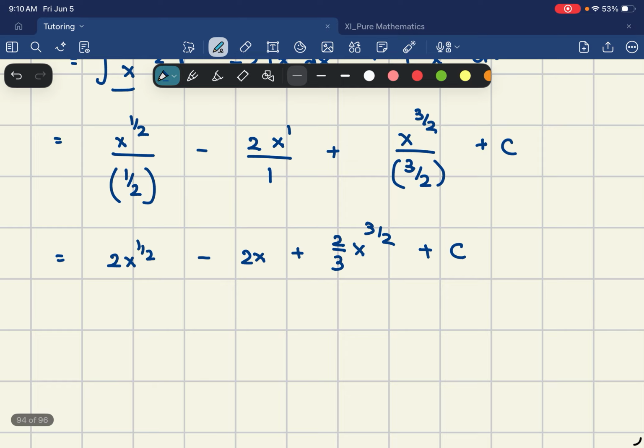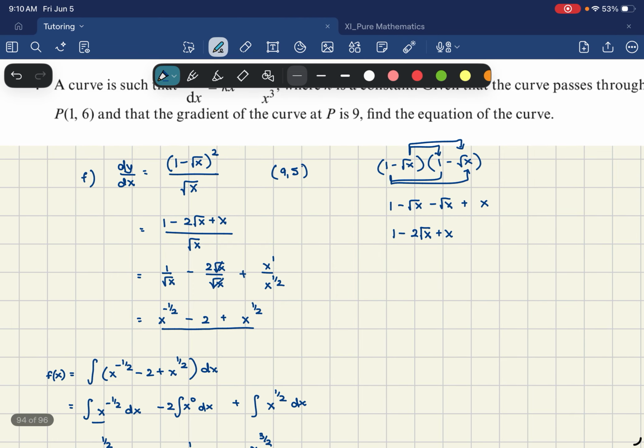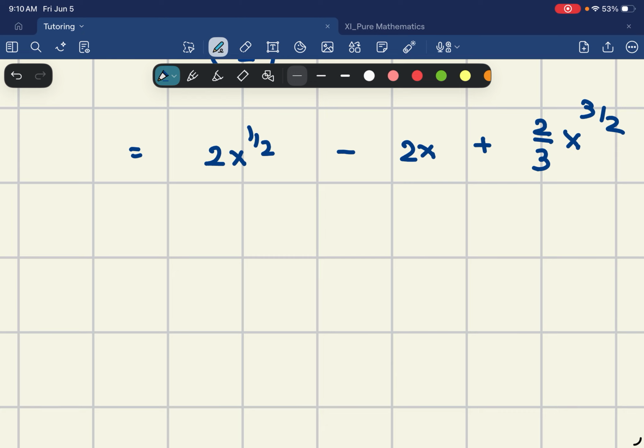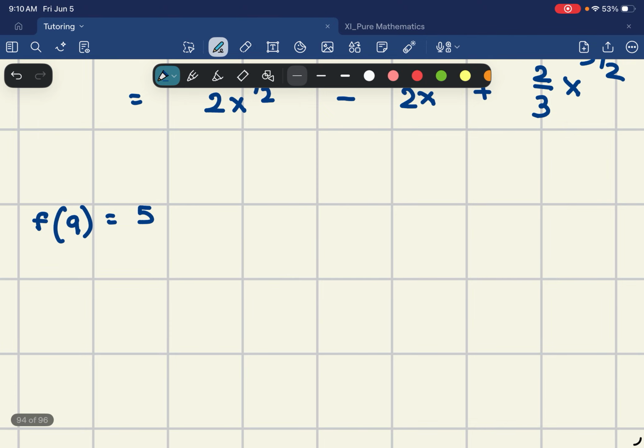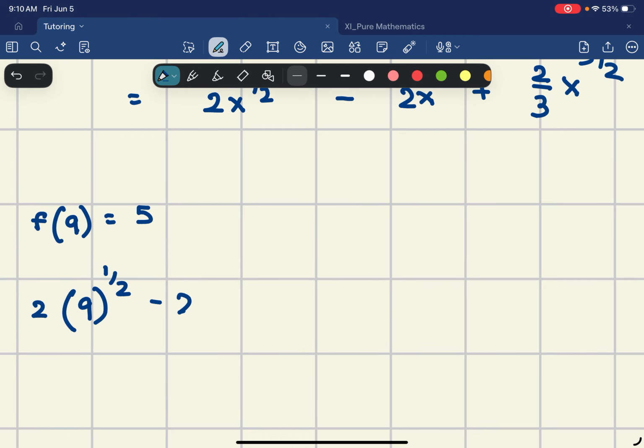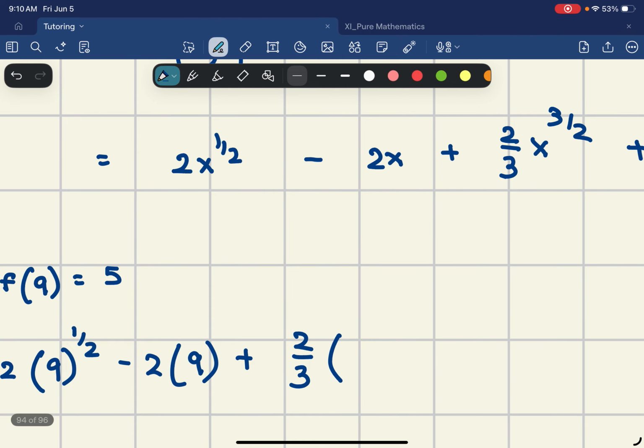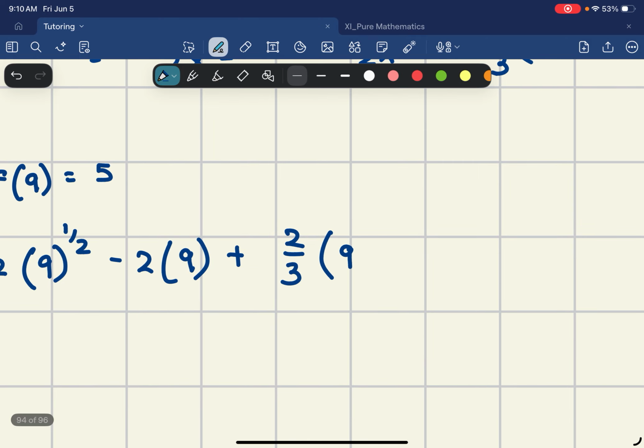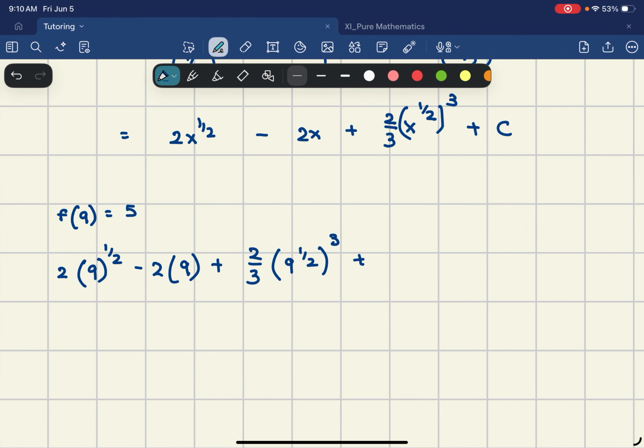Now we need to substitute the point (9, 5). If x is equal to 9, then your output is 5, so just substitute 9 here. 2 times 9 to the power half, which just means square root of 9, minus 2 times 9 plus 2 over 3 times x to the power 3 over 2. What does x to the power 3 over 2 mean? That just means x to the power half, raised to 3, so 9 to the power half raised to 3, plus c equals 5.